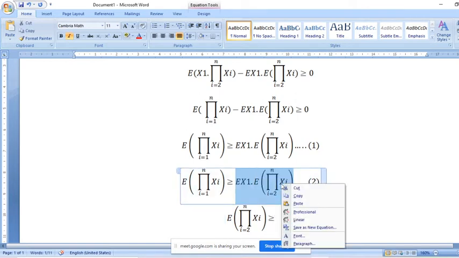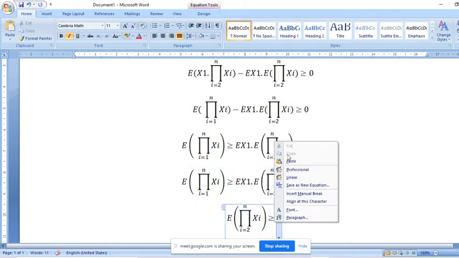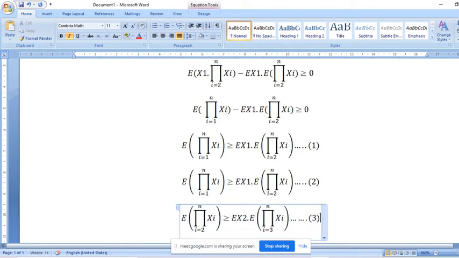If you take i from 2 to n, what will be the answer? It will be just x2 into the product from 3 to n. So this is an iterative formula. This idea can be applied to this formula. We can denote it as equation number 3.